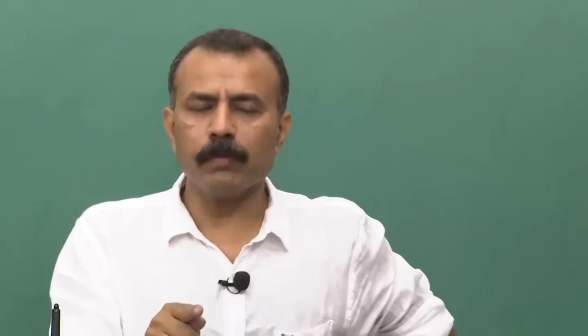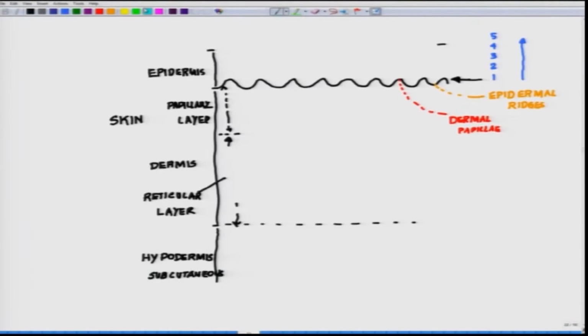With this background I will now name those 1, 2, 3, 4, 5 layers you see here. In the next slide we will name all these layers. If the lowermost layer is 1, it stands for stratum germinativum.